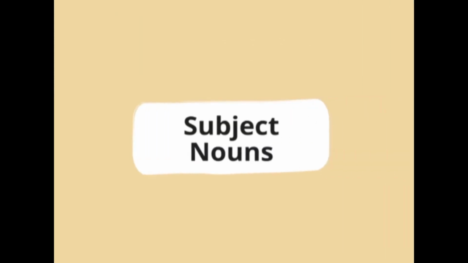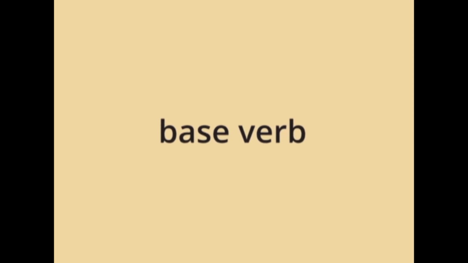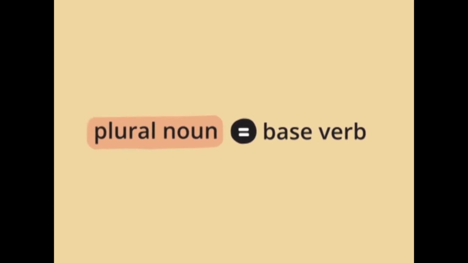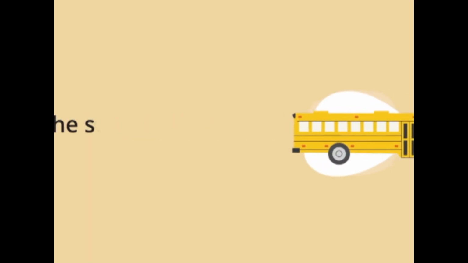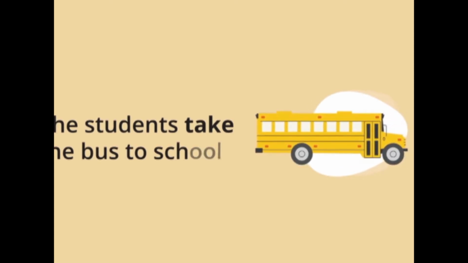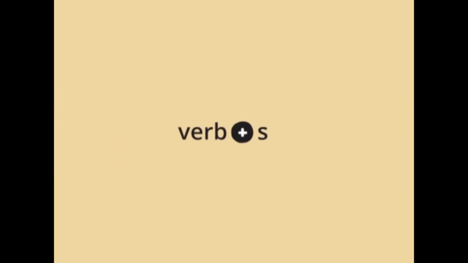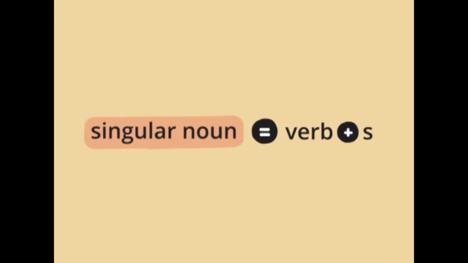Subject nouns. We use a base verb when the subject noun is plural. The students take the bus to school. My parents drink coffee every morning. We use the verb plus es when the subject noun is singular.